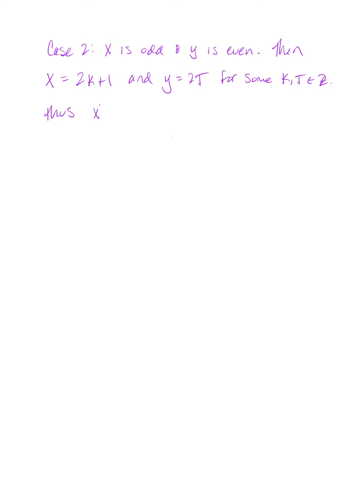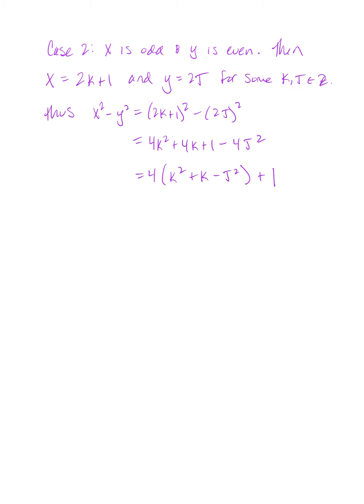Thus, x squared minus y squared equals (2k plus 1) squared minus (2j) squared equals 4k squared plus 4k plus 1 minus 4j squared equals 4 times (k squared plus k minus j squared) plus 1.